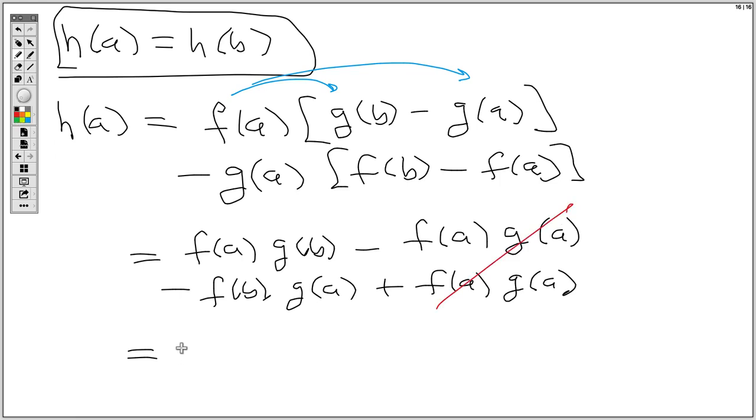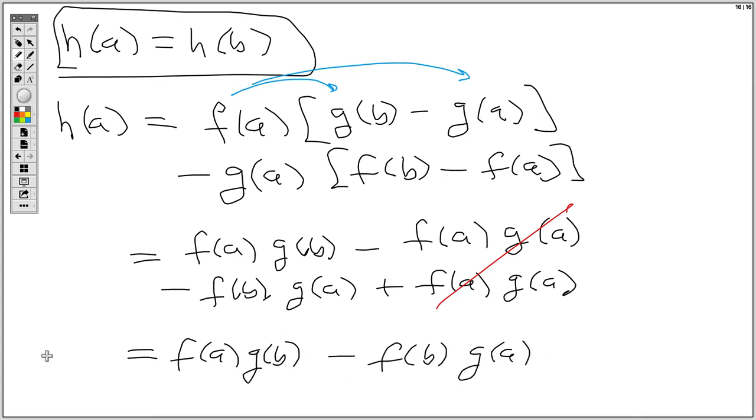I'm left with f of a g of b minus f of b g of a. So that's h of a.